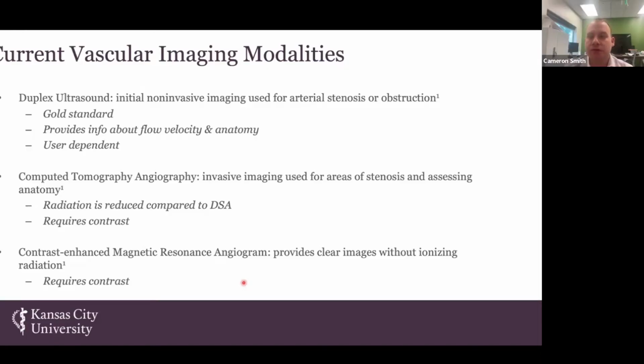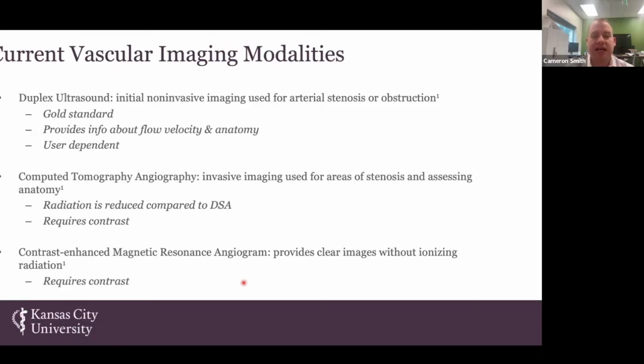The duplex ultrasound is the most common modality used. It's considered the gold standard because not only does it provide very sensitive information about localized anatomy, but it also provides information about flow velocity that is very important for diagnostic purposes.